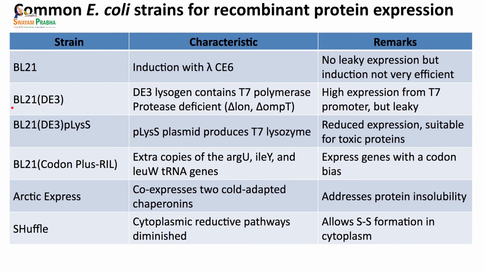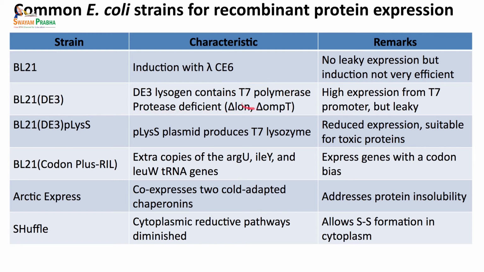Another very popular strain is BL21 DE3. Of course, it has been derived from BL21. But here, instead of lambda CE6, which has to be introduced by externally adding the lambda phage, this DE3 strain has a DE3 lysogen containing the T7 polymerase. Also, this strain is deficient in certain proteases.